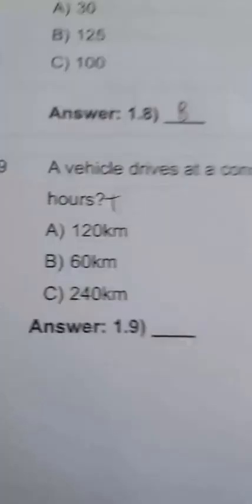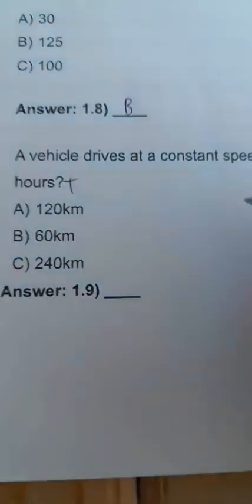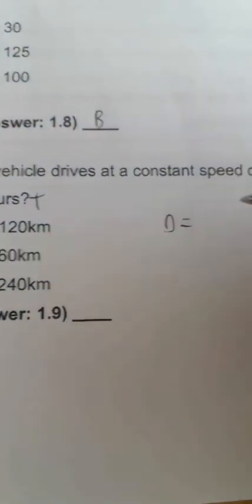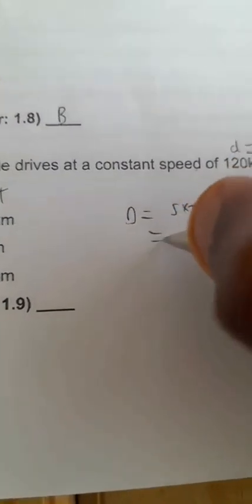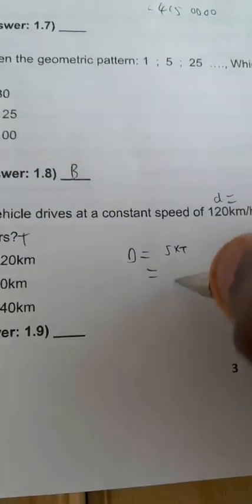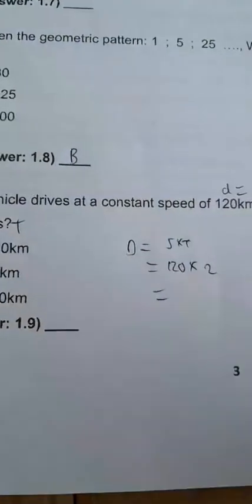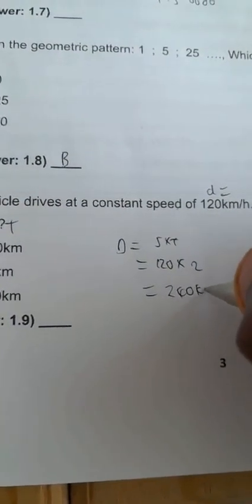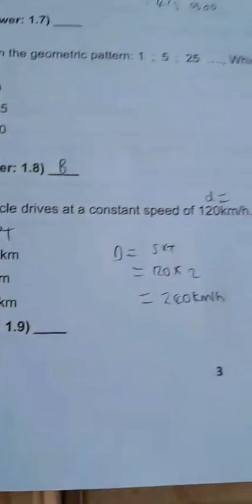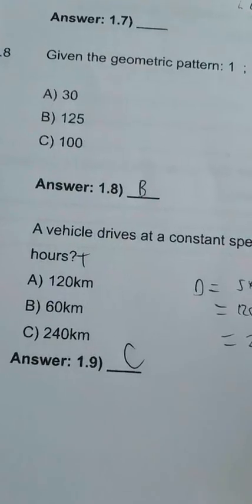We are required to calculate distance, so we use the formula D is equal to S times T. The speed is 120. The time is 2. We put it into our calculator and get an answer of 240 kilometers. So our option is definitely C.